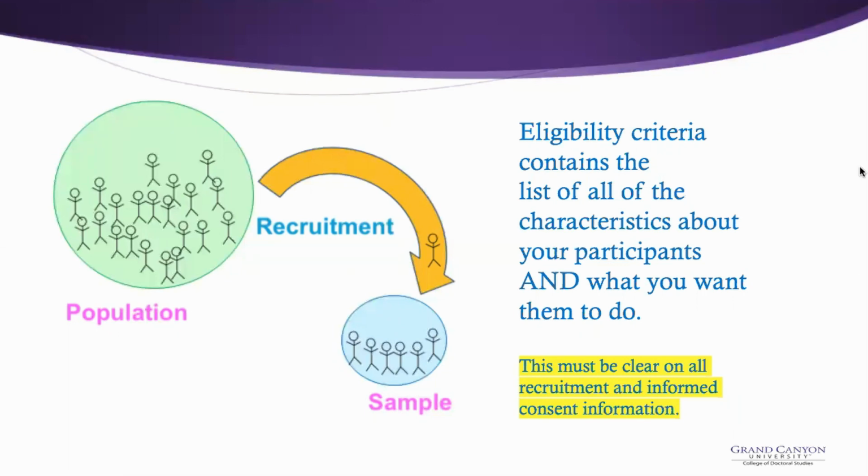And what I want you to think about is, yes, you know your population, you know your participants, some of them are going to end up in your sample, but think about how you are going to get them. How are you going to recruit them? Are you going to hang up a flyer? Are you going to post it on social media? Are you going to send out some sort of an announcement? And what are the criteria that you need to get the people?